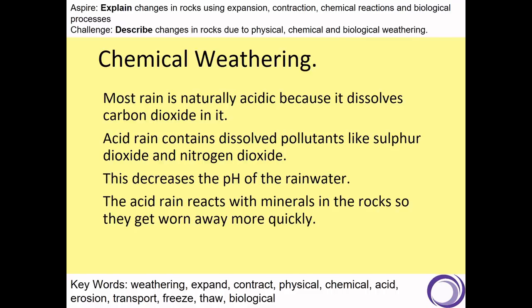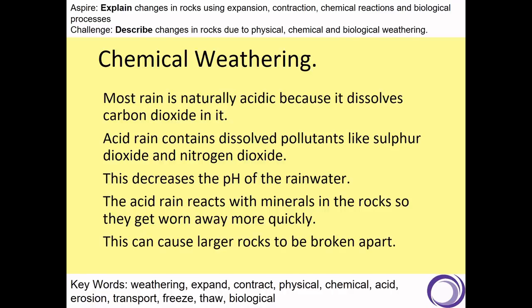And that acid rain reacts with minerals in the rocks, so they get worn away more quickly. It does depend on the type of mineral that is in the rock as to how quickly they react, and some of them don't react, which is why in graveyards you often see some gravestones that still look very crisp and sharp, and other ones made of things like sandstone and limestone that have been eroded quite quickly.